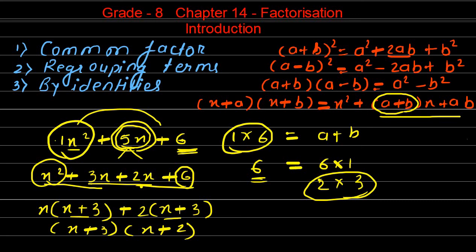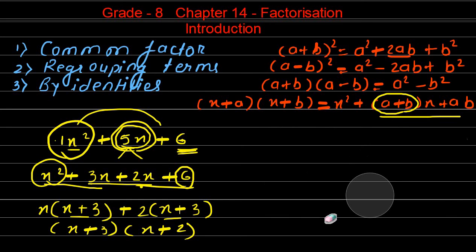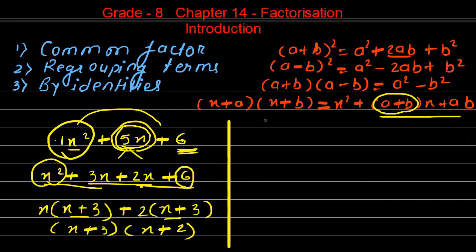Now let me take one more example, because this is a very important method. Not many equations will have a square at the end. So let's see one more example. If I take an example like 3x square minus 11x plus 6.